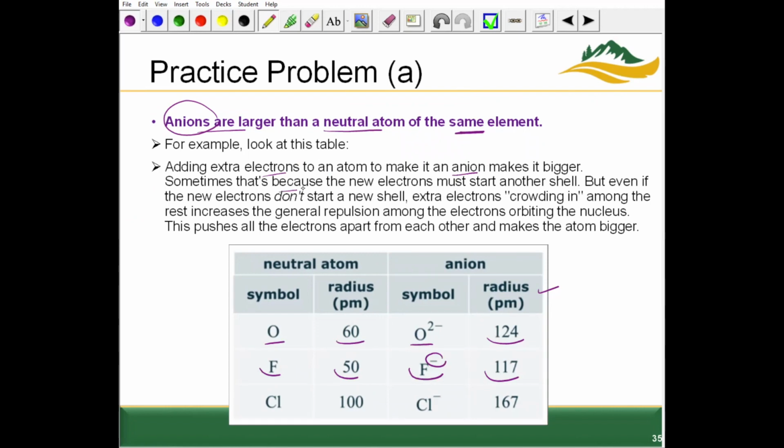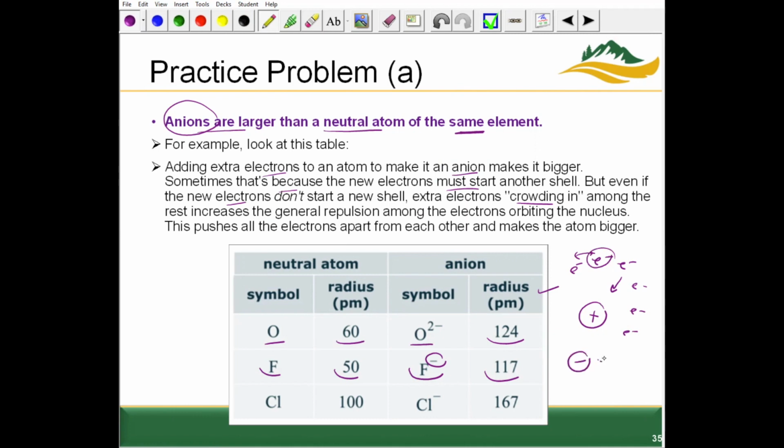Sometimes it's because new electrons must start a new shell. But even if we're not adding on electrons to a new shell, we're sort of crowding in those electrons. In addition to the electrons being pulled in less towards the nucleus, when we add on more and more electrons near one another, they're negatively charged.